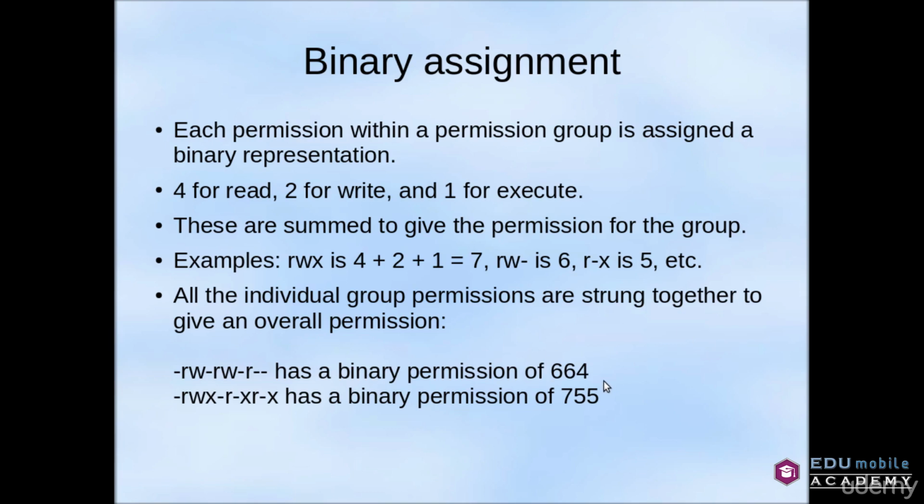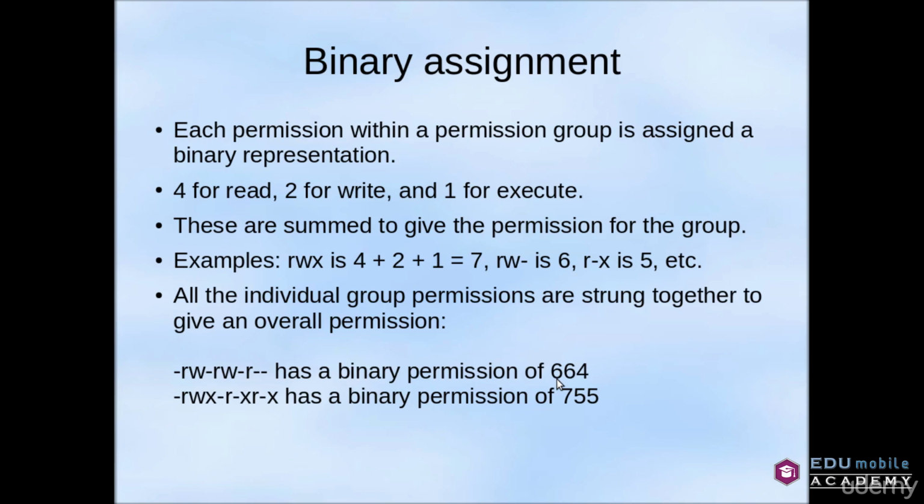Now, 664 and 755 are very typical permissions. You will see these a lot. You'll see 755 on executable files, and you'll see 664 or maybe even 644 being used on text files that the owner has access to write to or edit, and then everybody else can read only.